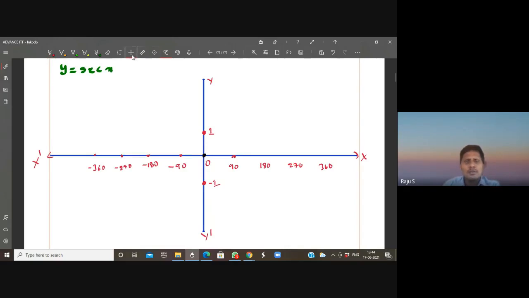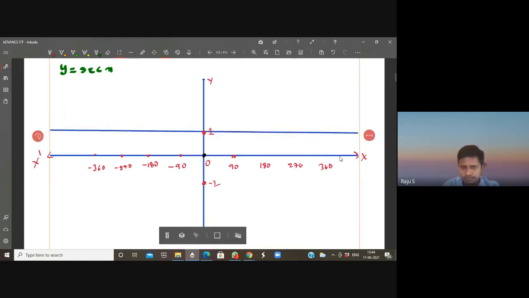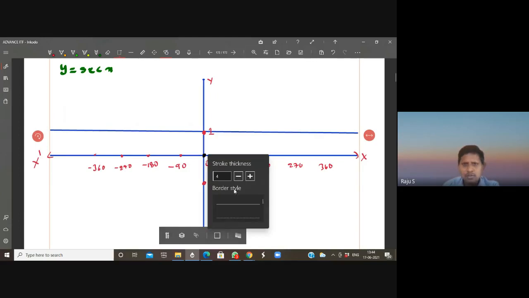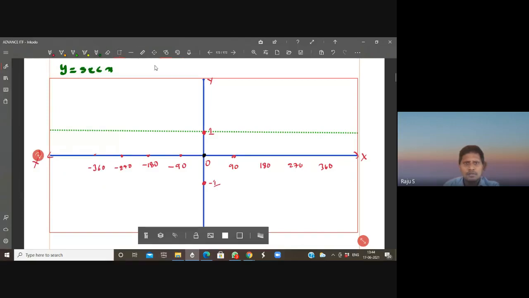And can you tell me between which values the cos graph can exist? Yes, students. Cos exists between minus 1 to 1 only. Okay. I'm taking this. Next.